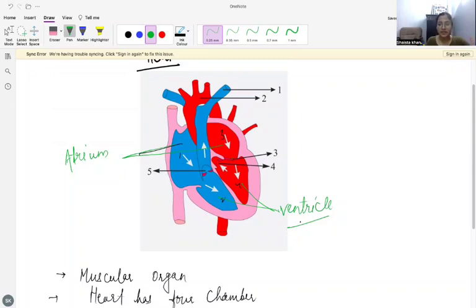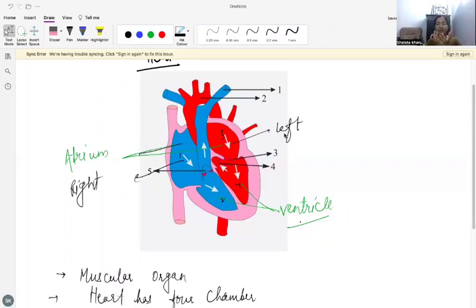In this picture, this side is known as the right atrium. This is the right side, and this is your left side. And why is this so? Because it is an opened heart. If you're standing in front of the camera, this is your left side.